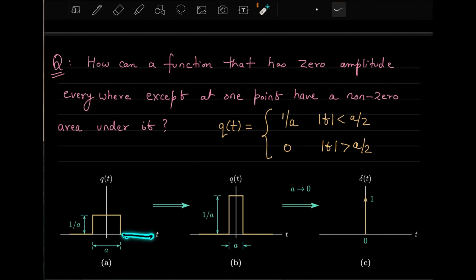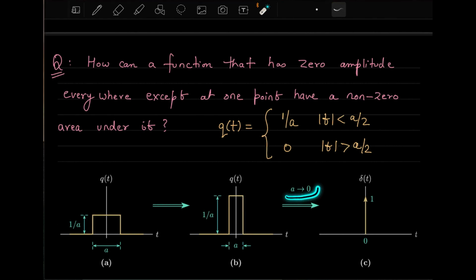Now, if you reduce the value of a, the width of this pulse will reduce, whereas the height of the pulse will increase. Why will it increase? Because the amplitude of this pulse is 1 by a, whereas the time duration of the pulse is a. So as you reduce the pulse width, the amplitude will increase correspondingly.